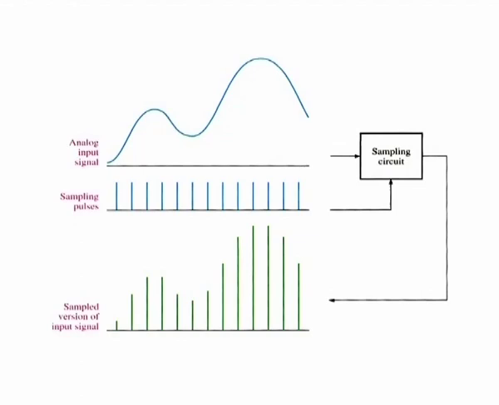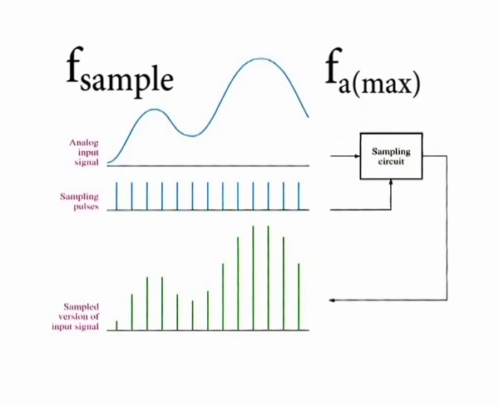The sampling theorem states that in order to represent an analog signal, the sampling frequency f sample must be at least twice the highest frequency component fa maximum of the analog signal. Another way to say this is that the highest analog frequency can be no greater than 1/2 the sampling frequency.